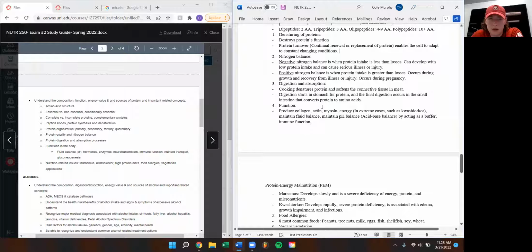And then talking about digestion and absorption. If you're cooking protein and adding heat to it, it's going to denature the protein and soften the connective tissue in the meat. Digestion for protein starts in the stomach, not in the mouth like for carbs.